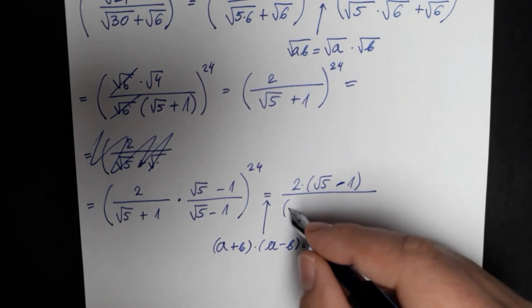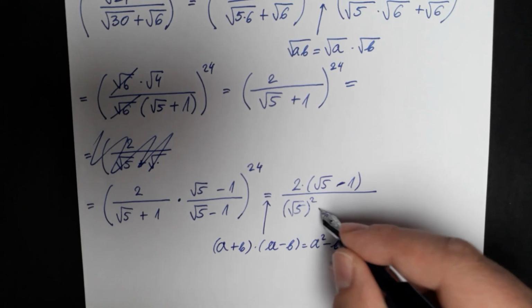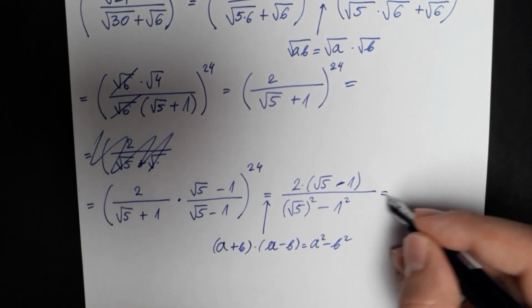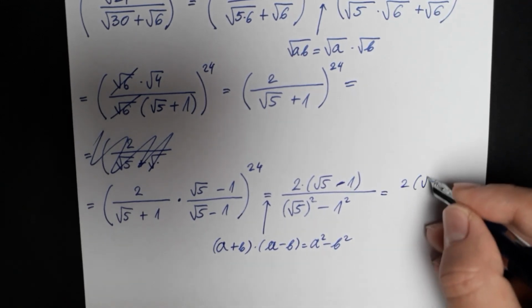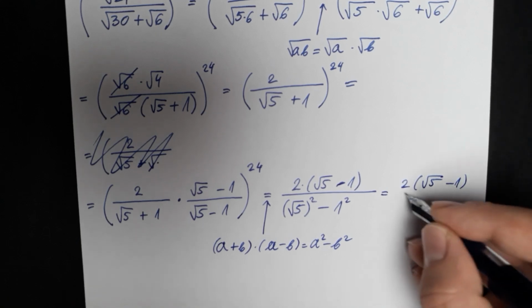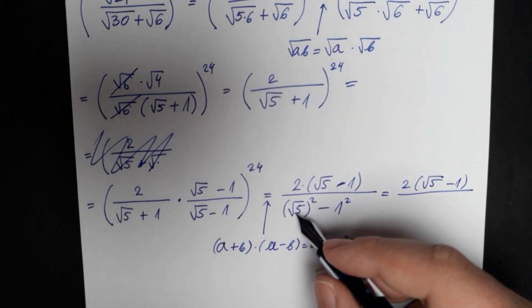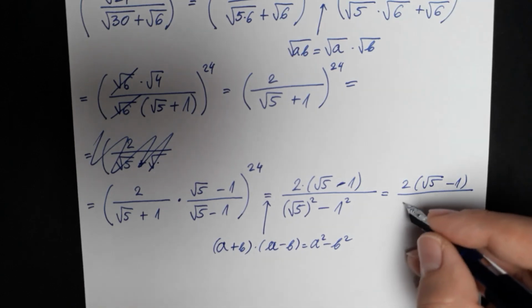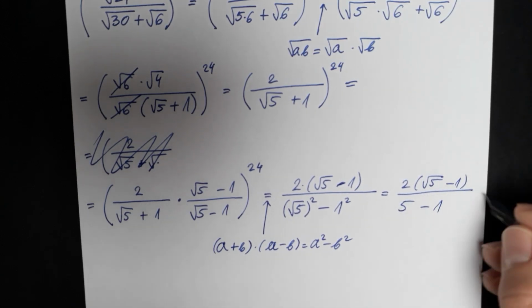What I get is the square root of 5 squared minus 1 squared, and that is just 2 times the square root of 5 minus 1 over the square root of 5 squared, which is 5, minus 1.